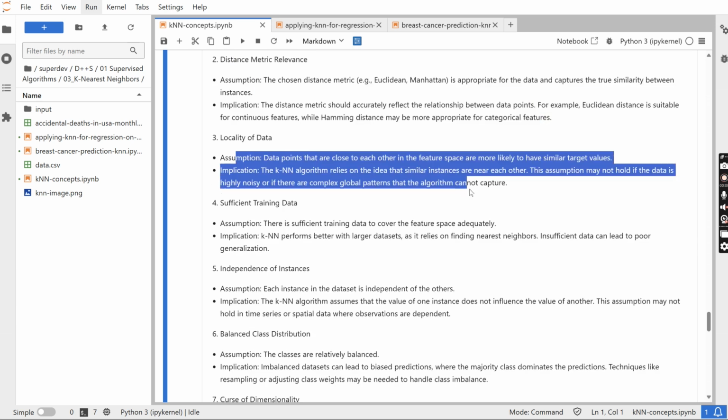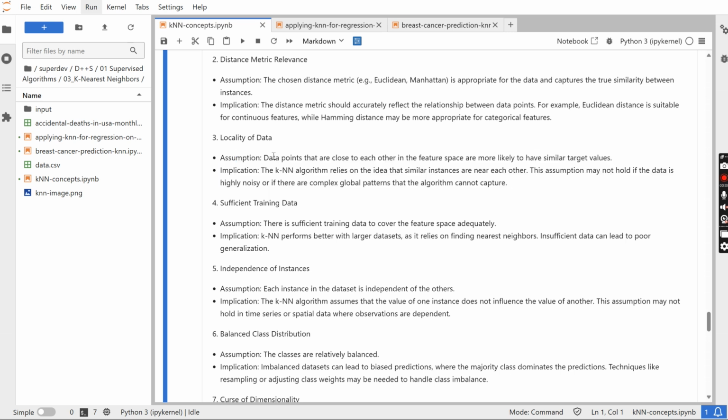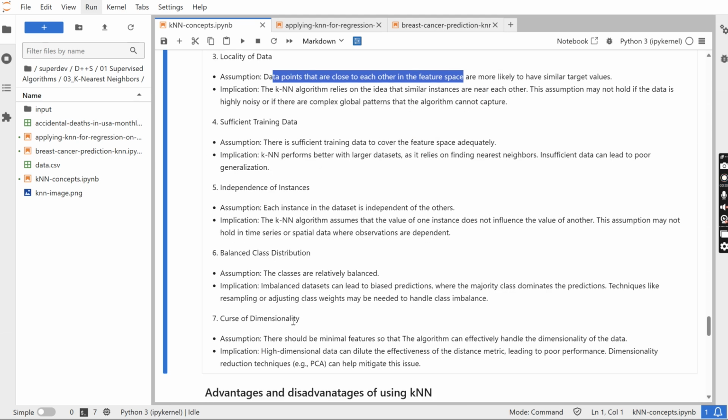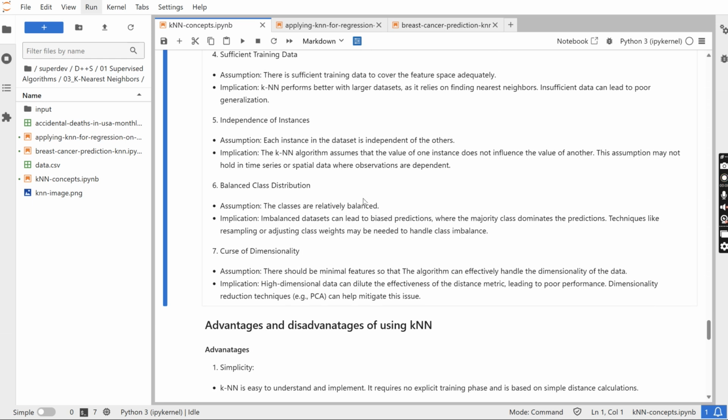Even locality of the data is another assumption, which means data points should be closer to each other in the feature space. Then sufficient training data, and independence of instances, that means no duplicate rows, or two rows should not have the same correlation or something like that. They should be independent.